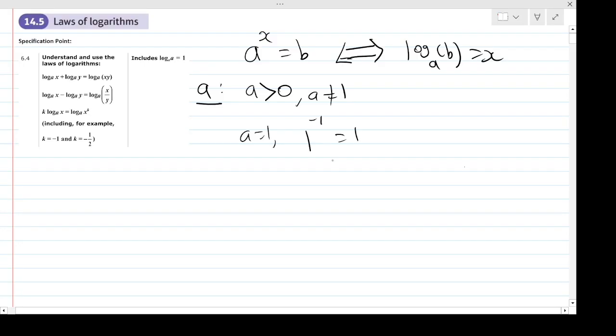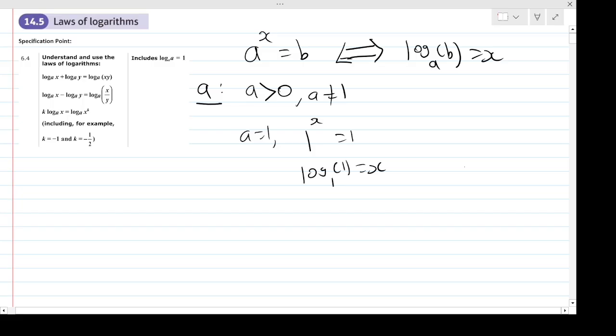Like -1, that's just 1/1 if you do the reciprocal, which is 1. That's all fine. That is defined. But it's not an issue of whether it's defined. The issue is if we convert this into a log, we'll say that the log base 1 of 1 is equal to x.